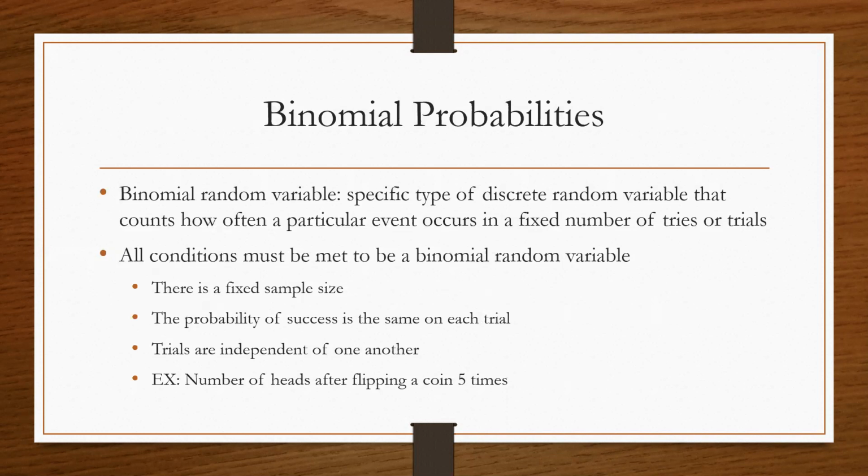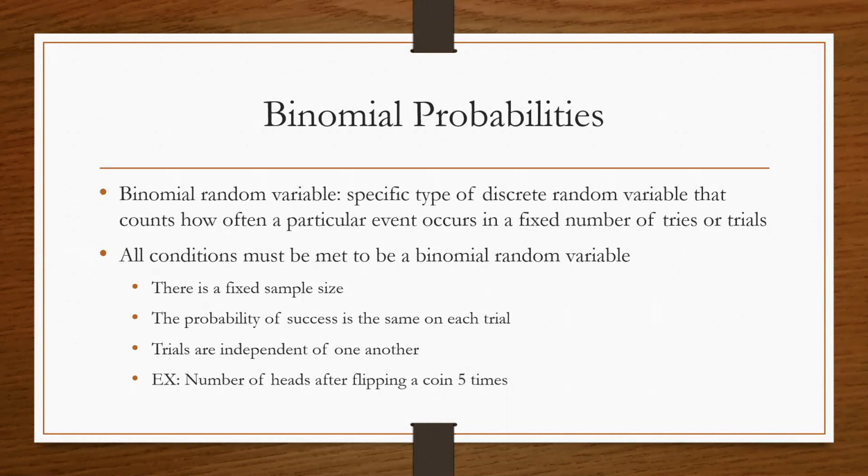So the one I like to think of is the number of heads you get after flipping a coin 5 times. All conditions must be met for it to officially be a binomial random variable. So it has to have a fixed sample size, that is the 5 times. The probability of success is the same on each trial. So basically there's nothing that would make it lean one way or the other.